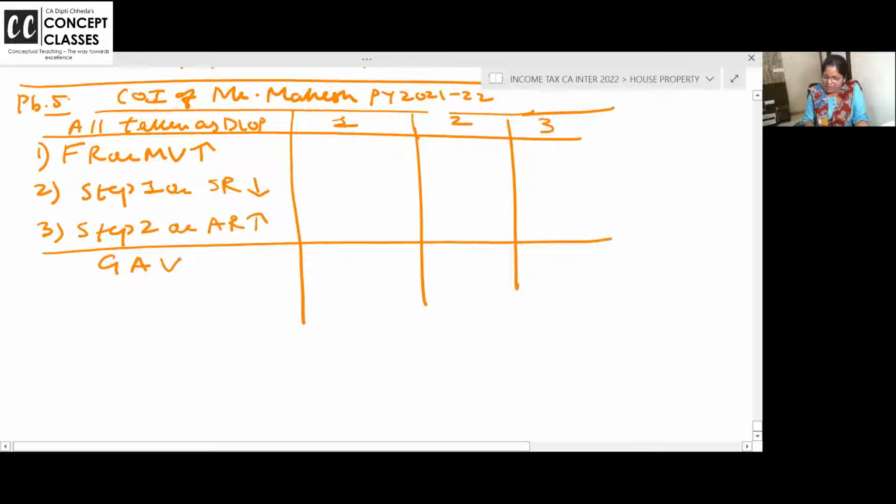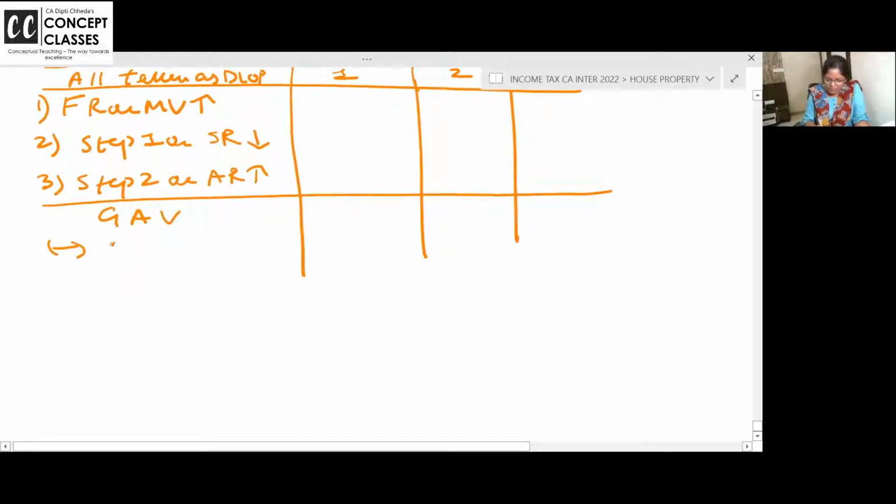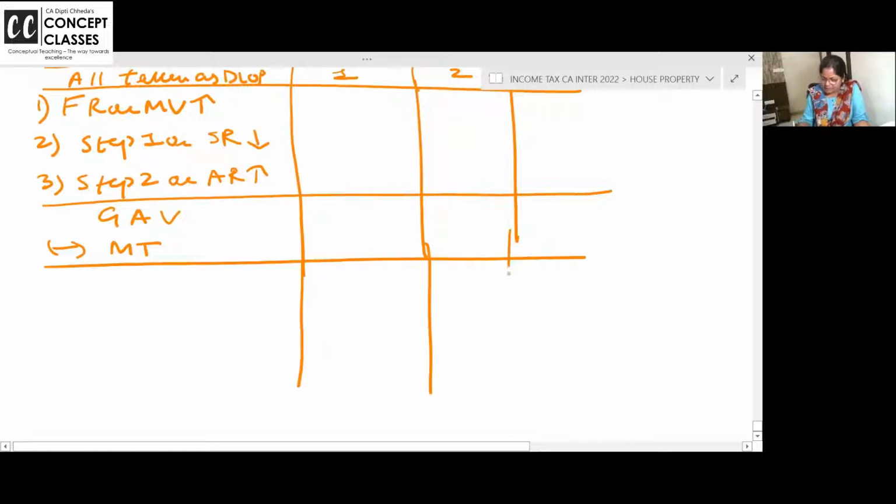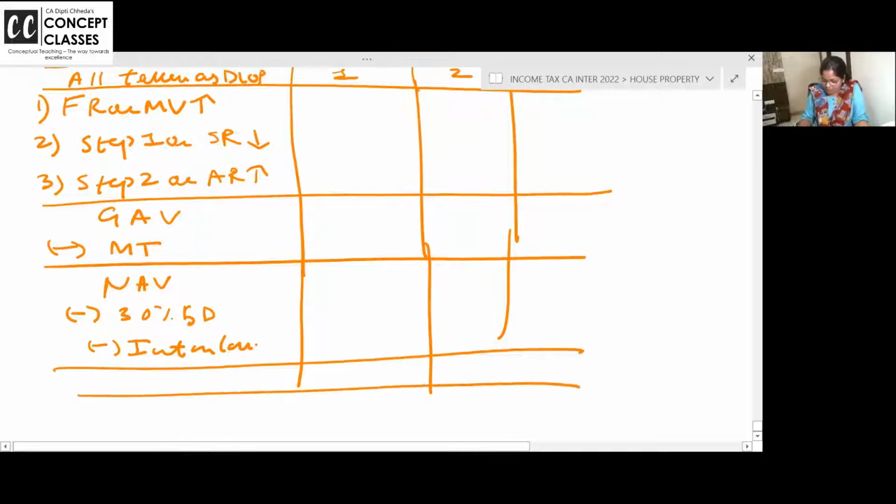This is called as gross annual value, minus municipal taxes, net annual value, minus 30% standard deduction, and interest on loan. So what is going to be income from house property?